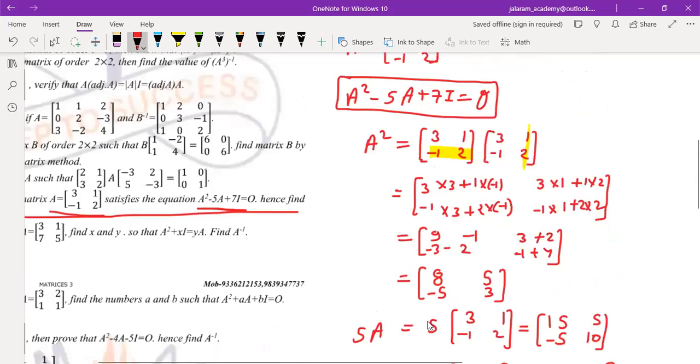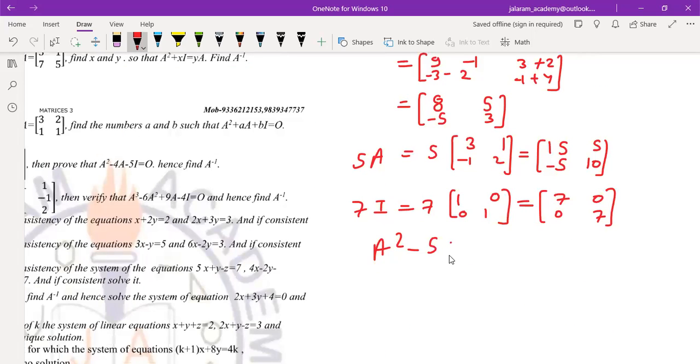So now we find A square minus 5A plus 7I equals to what?